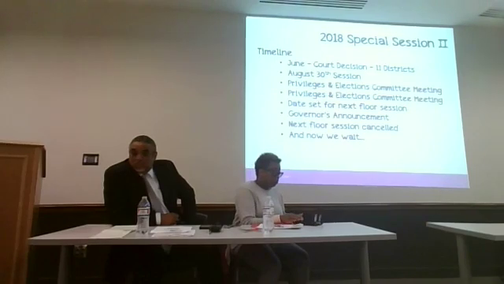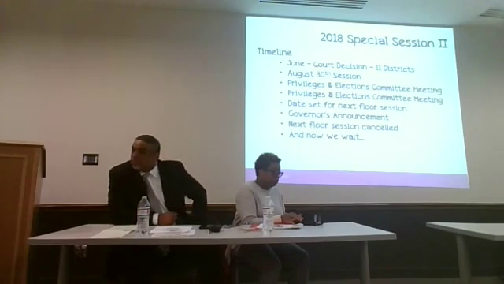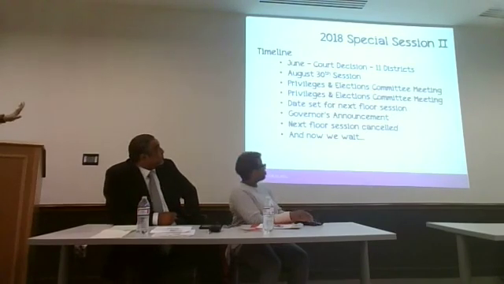Then we were called back to a Privileges and Elections meeting on the 27th of September, and that's where House Bill 7003 was introduced. I'm going to get into a little bit of that, but I just want you to see how it's been unfolding.